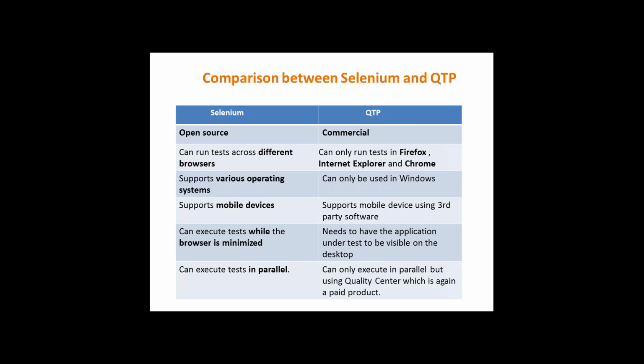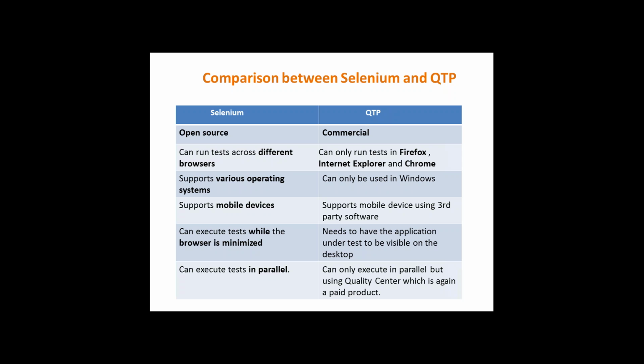Next, Selenium can execute tests in parallel. There is a tool called Selenium Grid, which is freely available. Using Selenium Grid, you can run the test at a time on different operating systems and different browsers. If you execute a single script, it will automatically open on four to five machines at a time, and the same script will be executed on different browsers and operating systems.